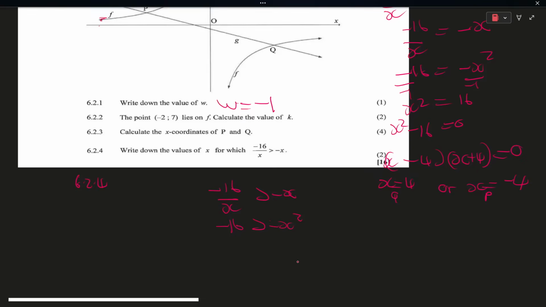We divide by negative, so it's going to be 16 less than x squared.